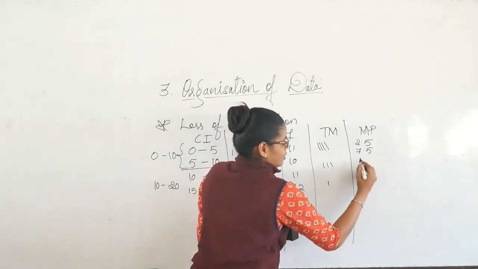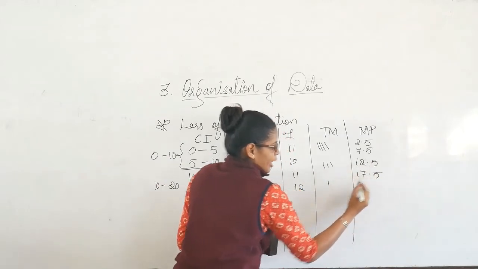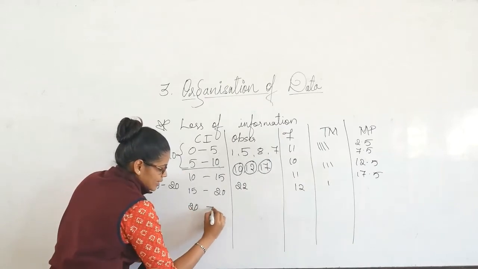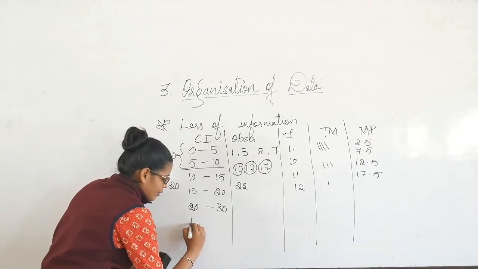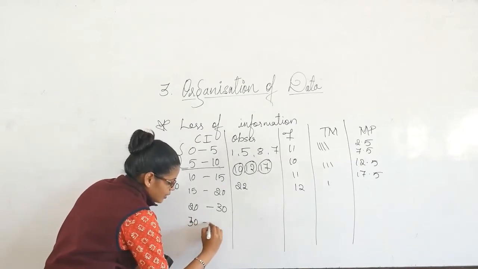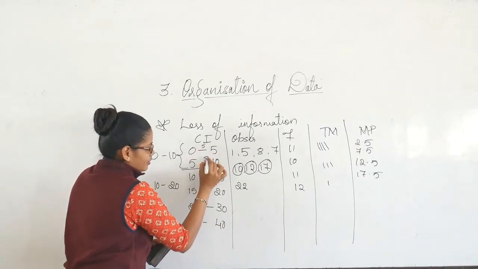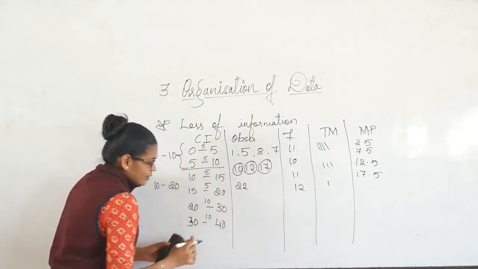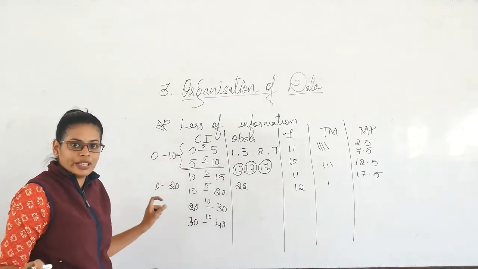Next we have 12.5, 17.5. And if you keep the third class interval as it is, which is 20 to 30, and the next class interval 30 to 40, you can see here we have 5 as the gap, but here we have 10. This is what we call the unequal distribution of the class interval.